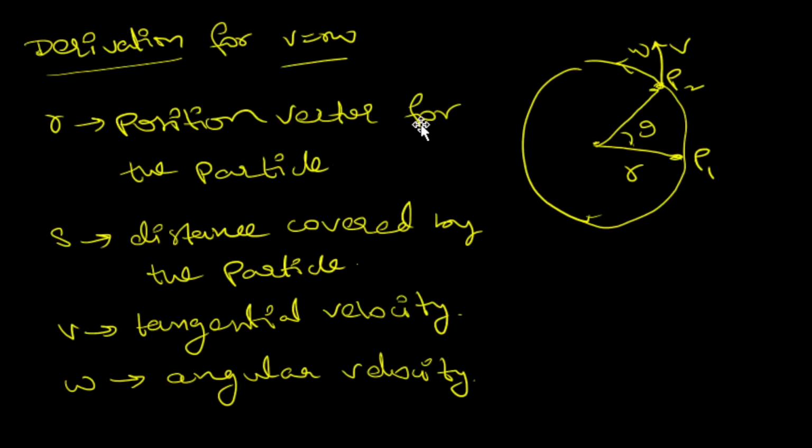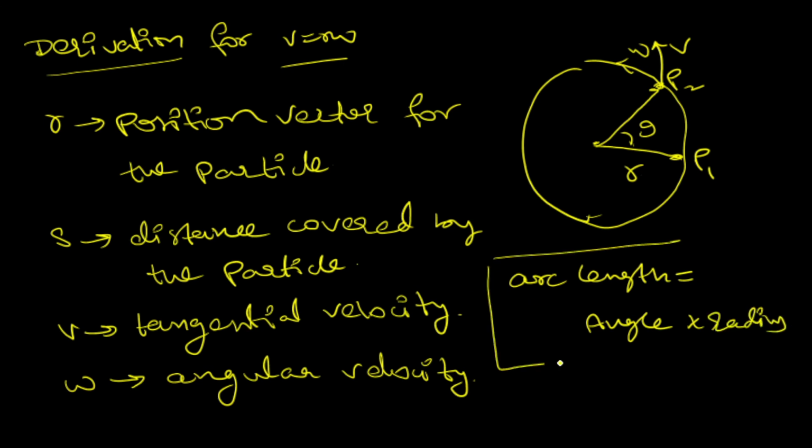For this purpose, I am considering the arc length. How to find out the arc length for a circular path? The arc length is equal to angle made by the particle into radius of the circle. You have to remember this formula, okay?